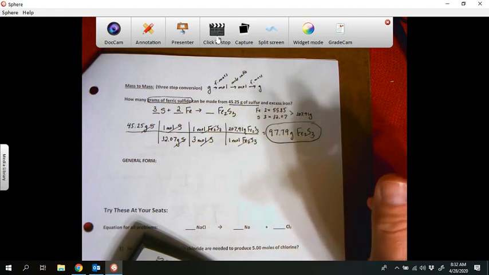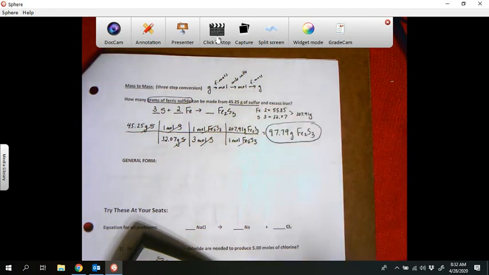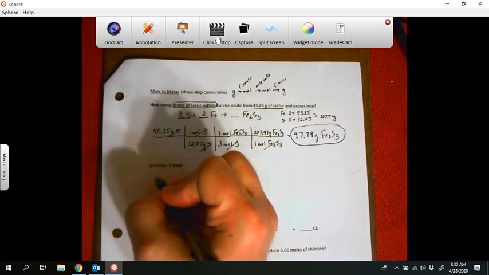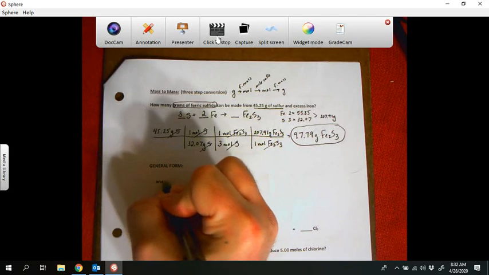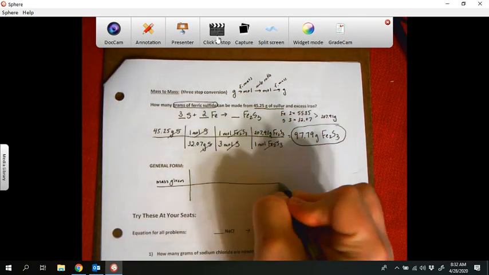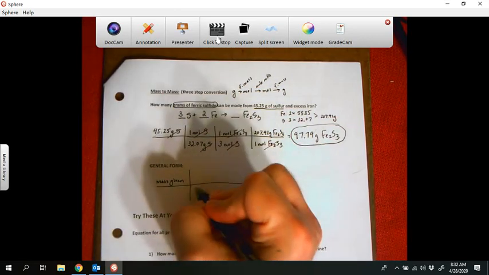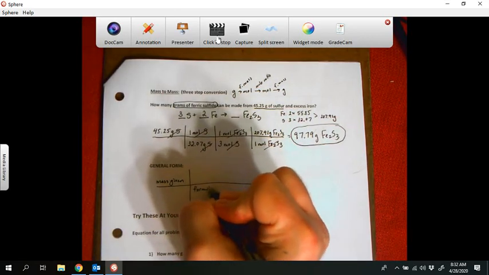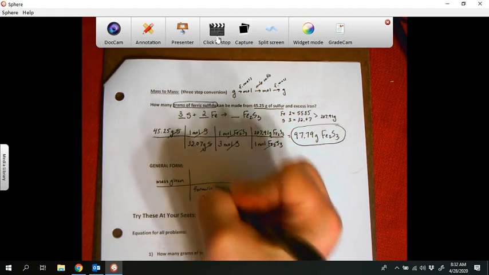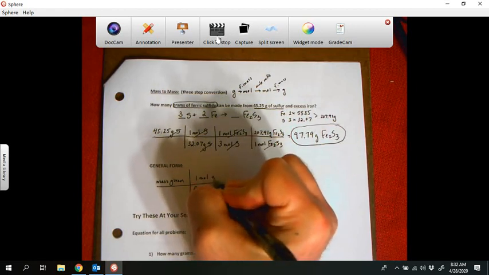Every single mass-to-mass problem is set up the same way, so we can write a general form. So we always start with the mass given in the problem. Then we're going to have the formula mass of the given and 1 mole of the given.